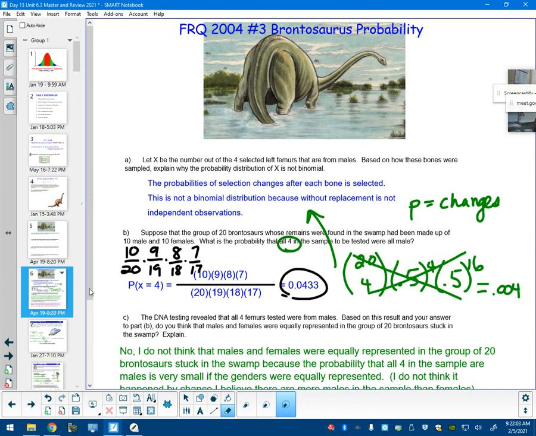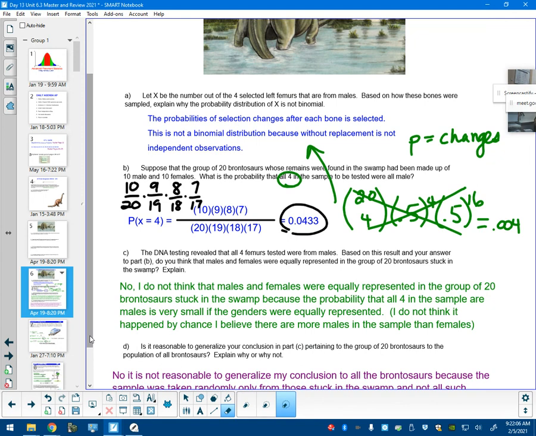Now the downfall is when you get to part B, a lot of you probably set up a binomial, but you just proved to yourself in part A that you shouldn't do that, right? Like you just said in part A, this is not binomial, so you should not use this formula, which gives you like 0.004 something.